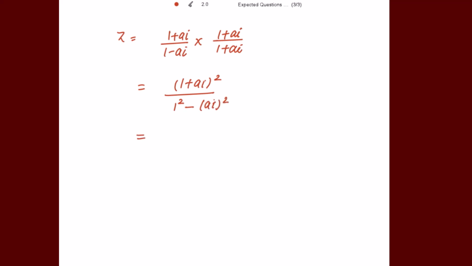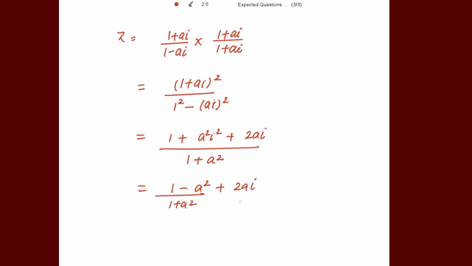Solving the numerator, it is 1² + a²i² + 2ai, divided by 1 + a². So this becomes (1 − a²)/(1 + a²) + 2ai/(1 + a²). I have just separated the real and imaginary parts.